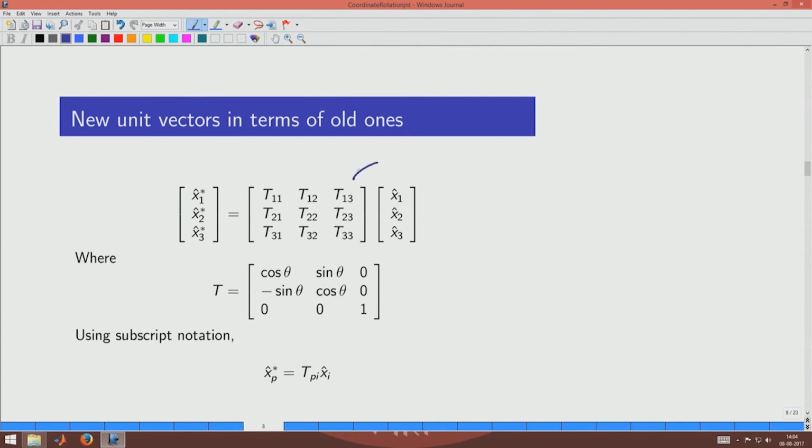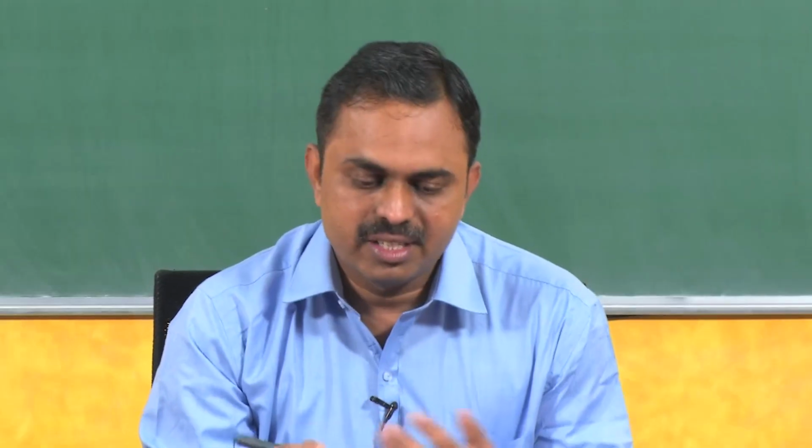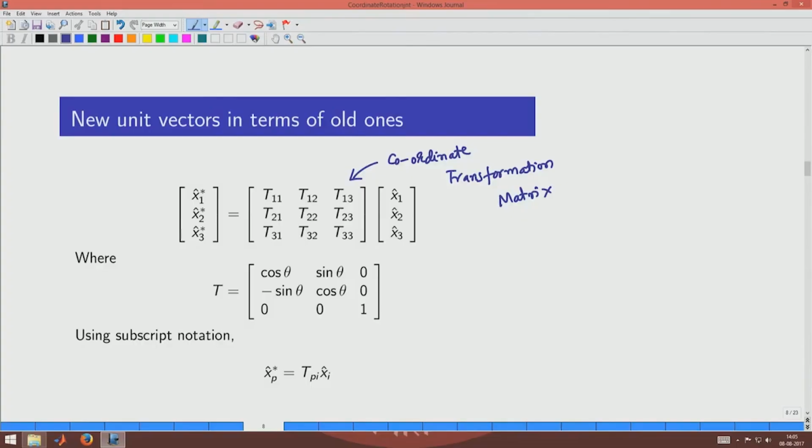It has a specific name, which is basically the coordinate transformation matrix. This is unique to the kind of rotation that we have done. When the rotation angle changes, the elements of this matrix also change, and the matrix itself is expanded here.